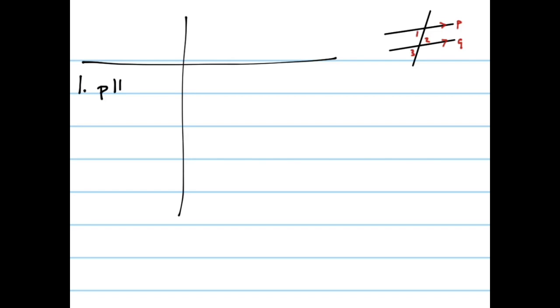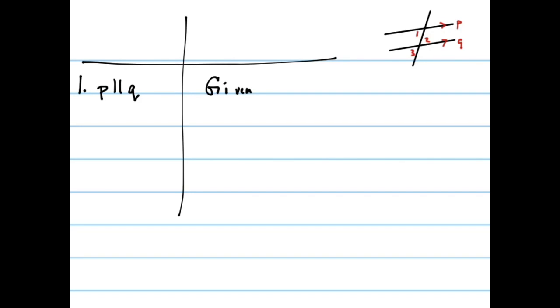These are lines P and Q, and they're parallel. So our 2-column proof would kind of look like that. It'd start with P is parallel to Q. What's the reasoning? Given. And it has to be given because that's part of your theorem.